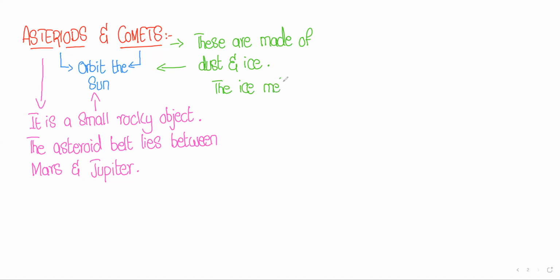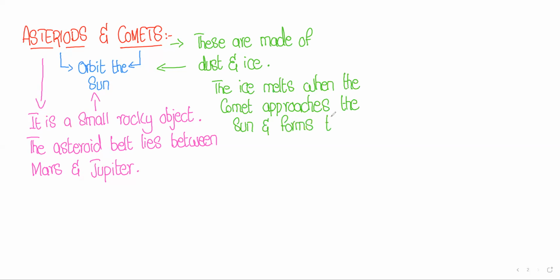So this ice will melt when the comet approaches the sun, and forms the comet's tail.